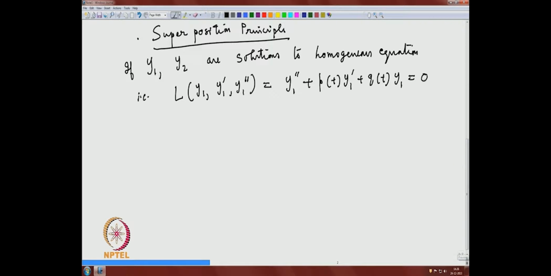So, that is what we are taking, we are taking r of t equal to 0. Similarly, L of y2, y2 prime, y2 double prime equal to 0.